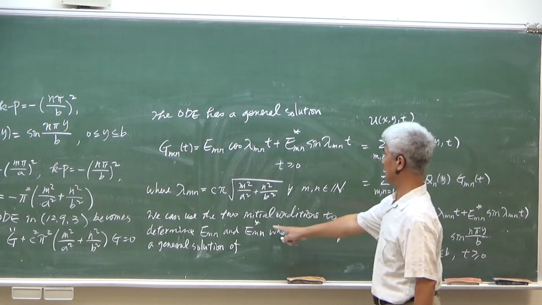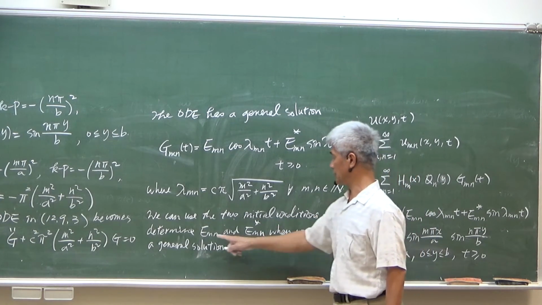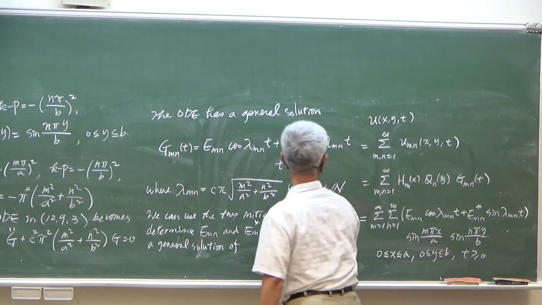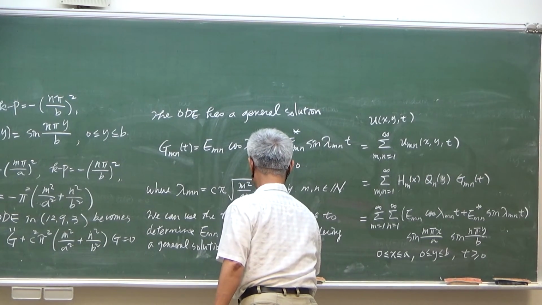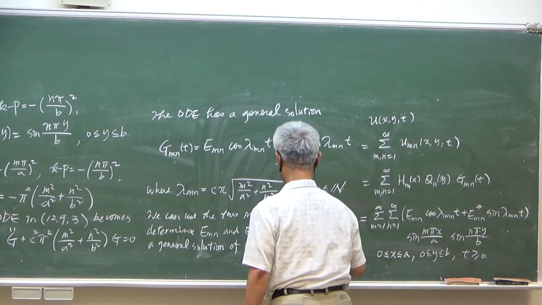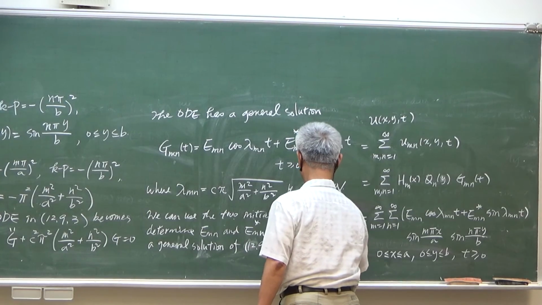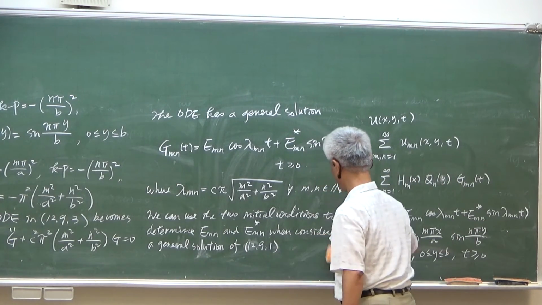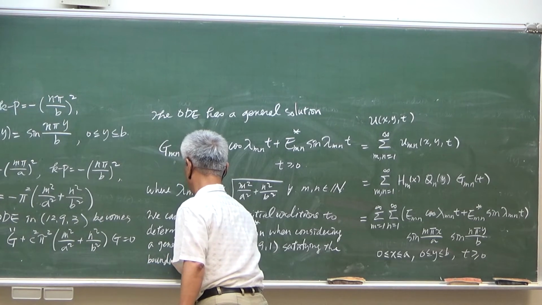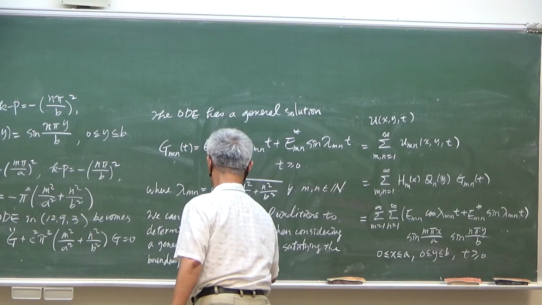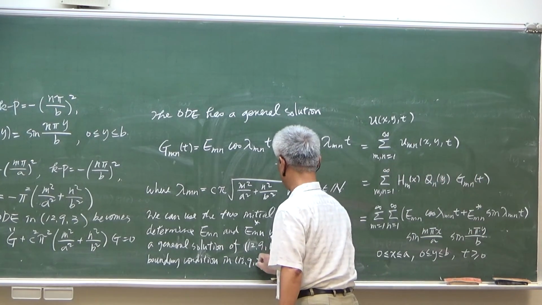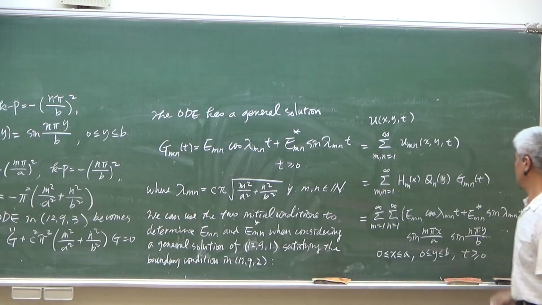Okay, so we can use the two initial conditions to determine the unknown coefficients when considering a general solution of our wave equation satisfying the boundary conditions 12.9.2, 12.9.3, under initial conditions 12.9.2.